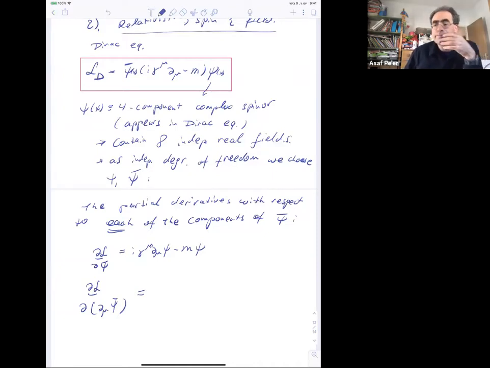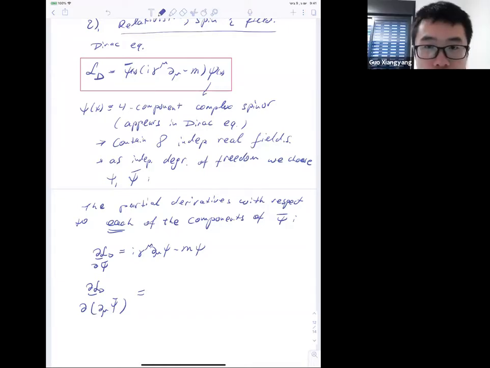What is that? Let's look at the Lagrangian. What is dL over d d mu psi bar?